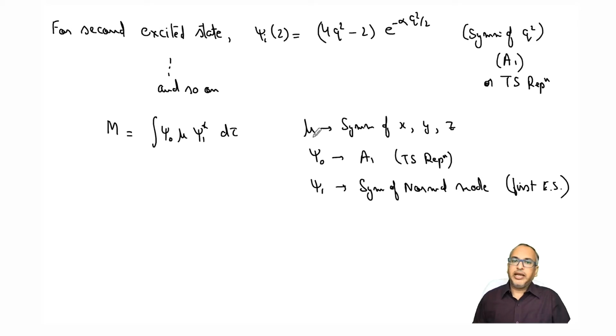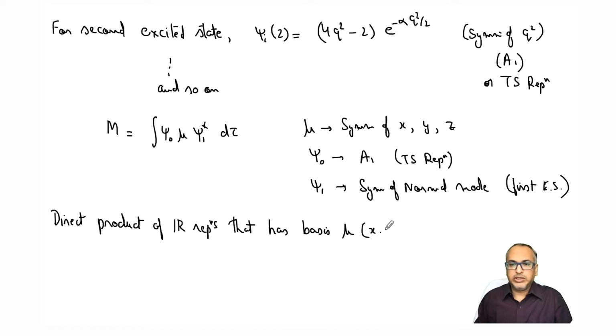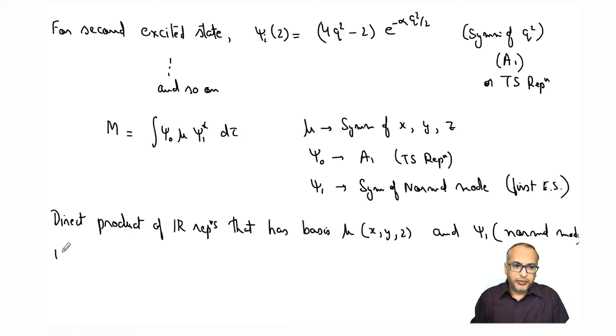Now these will contain the totally symmetric representation. The direct product of the irreducible representations that has the basis mu, which is x, y, and z, and psi 1, which is the normal mode, will contain the totally symmetric representation.